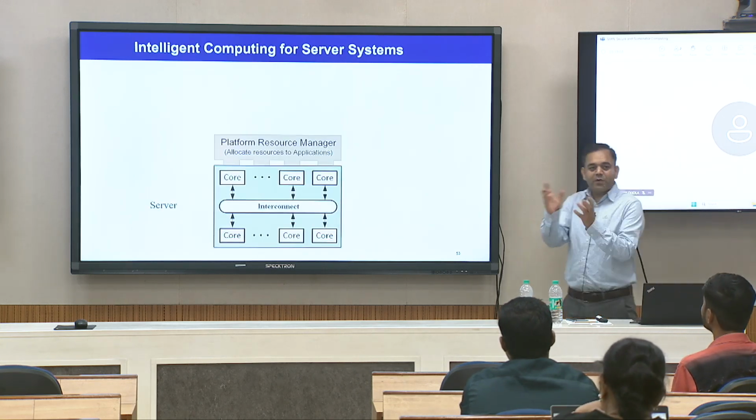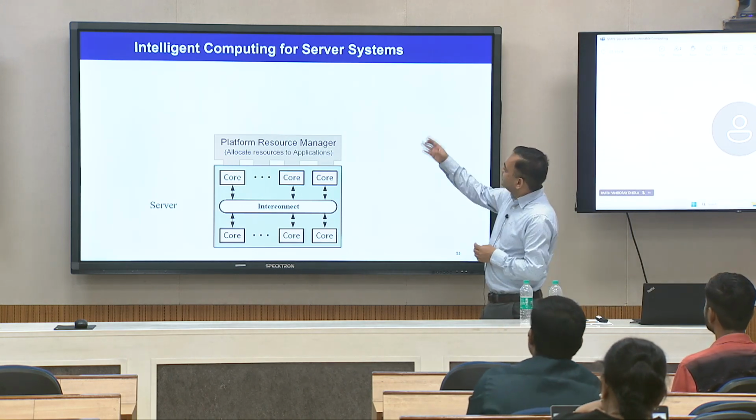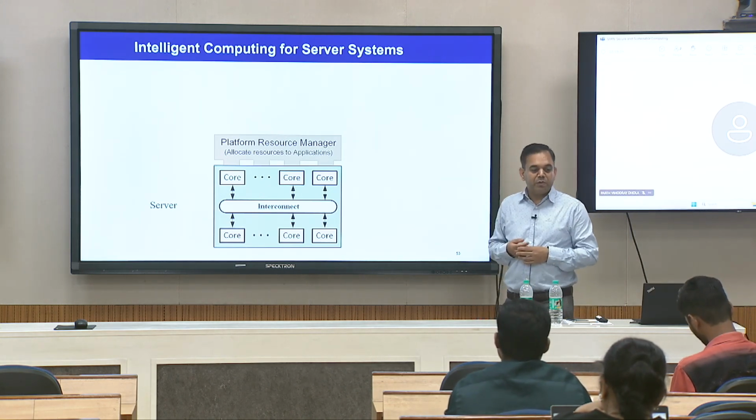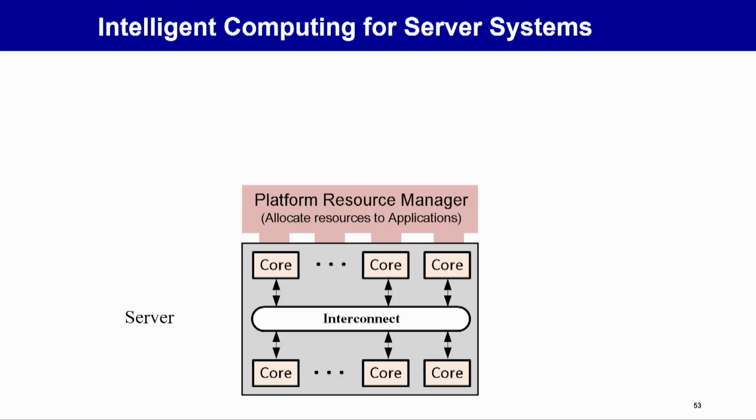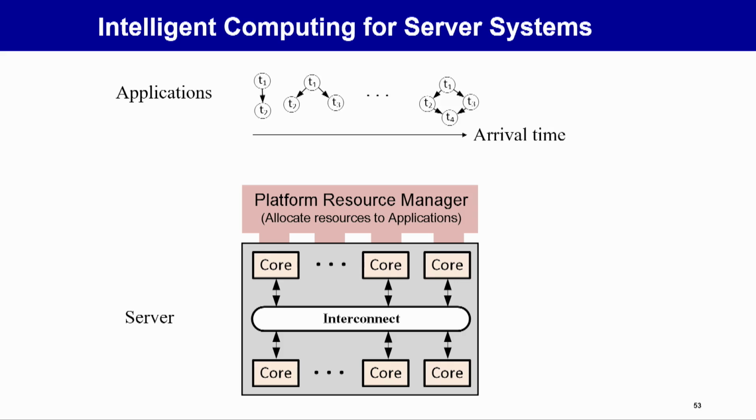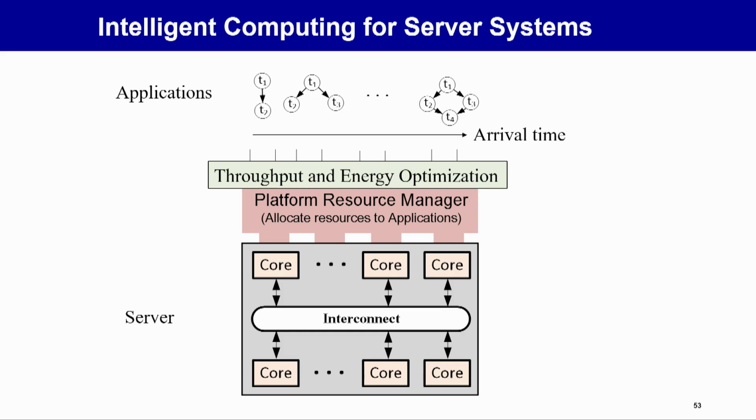Okay. So that was for a small scale system. How can that kind of intelligent computing be done for servers? A server is again a big chip that has many cores. Typically you can have a lot of applications that arrive at different times, and you allocate those applications onto the cores and try to optimize something.